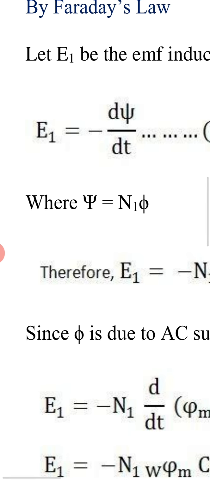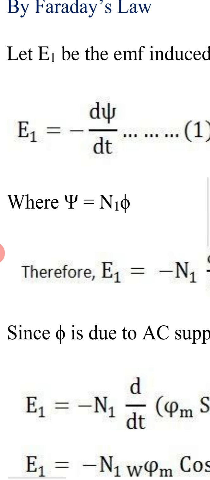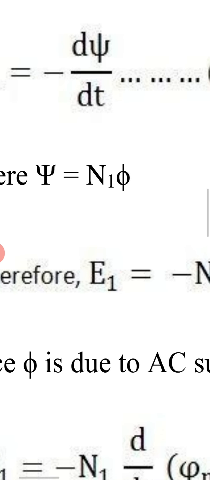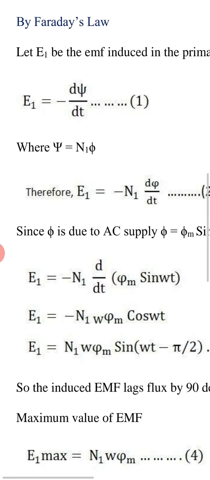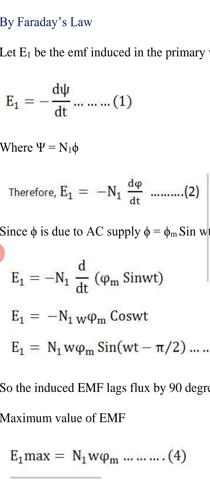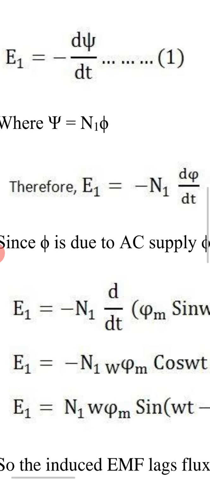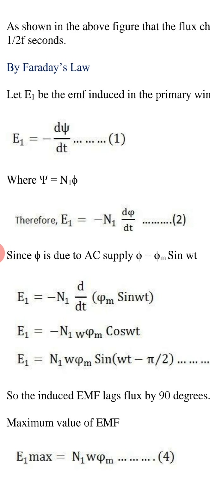This psi is the flux linkage in that particular winding, here the primary winding. The flux linkage for the primary winding will be N1 phi, where N1 is the number of turns in the primary and phi is the flux which is linking. So we can write E1 is equal to minus N1 d phi by dt. Putting the value of flux linkage in equation 1, we get equation number 2.